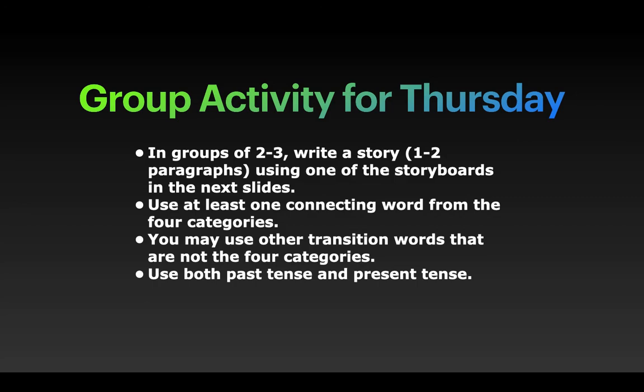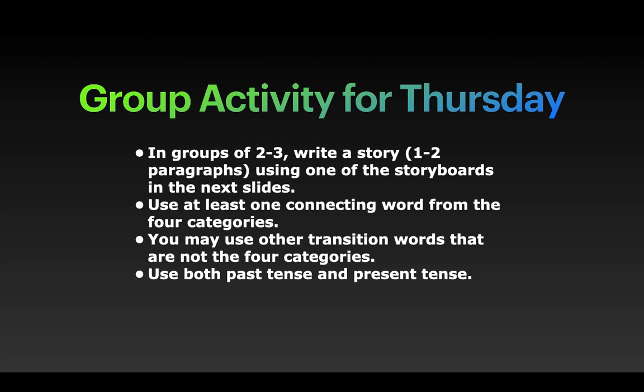I'll show them to you later. What I want you to do is use at least one connecting word from the 4 categories. That means in your paragraphs, I should be able to see those 4 categories: opposition or unexpected results, purpose, cause and effect, and result.